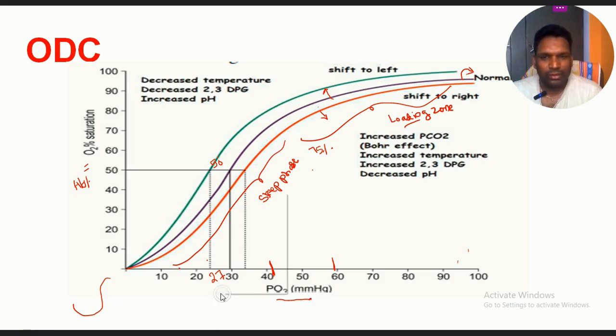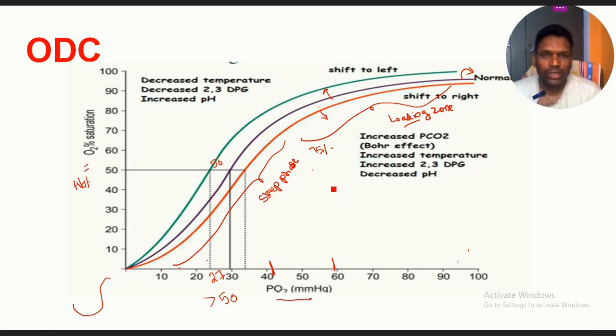Another point: around 27 mm of Hg, you could see the percentage of saturation is 50 percent, known as P50, which has more impact over the steep phase.